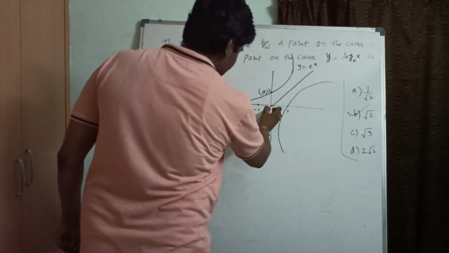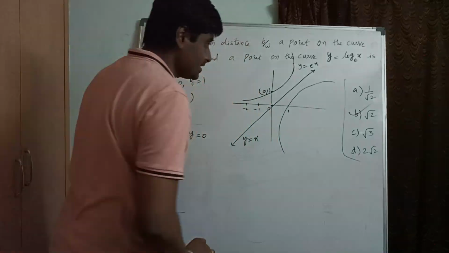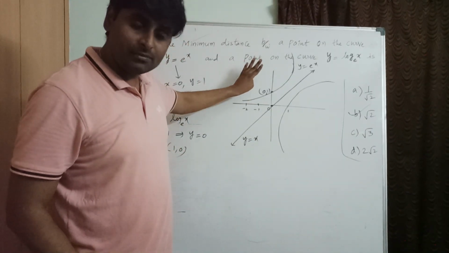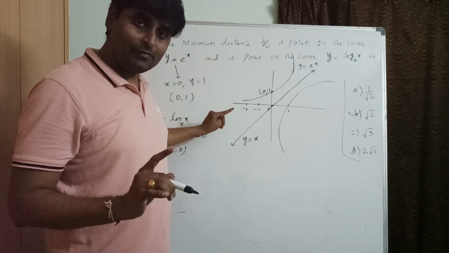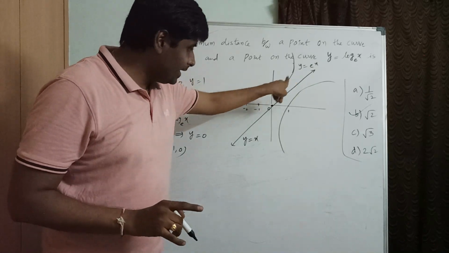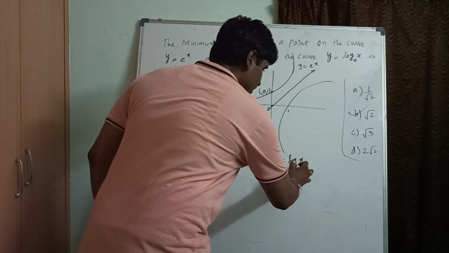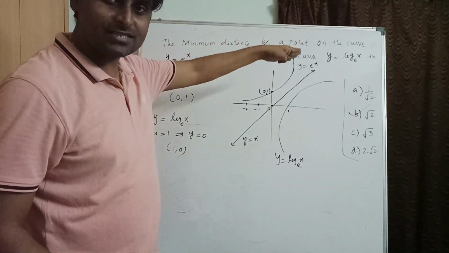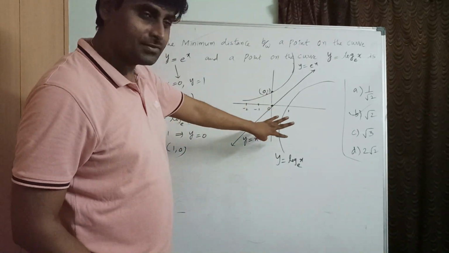Y equal to x. Always remember this is the knowledge. This is not confined to this problem. You have to understand, always y equal to e power x, y equal to log x are inverse functions to each other as we know, and both are symmetric with respect to the y equal to x line. And what is the shortest distance between these two curves?